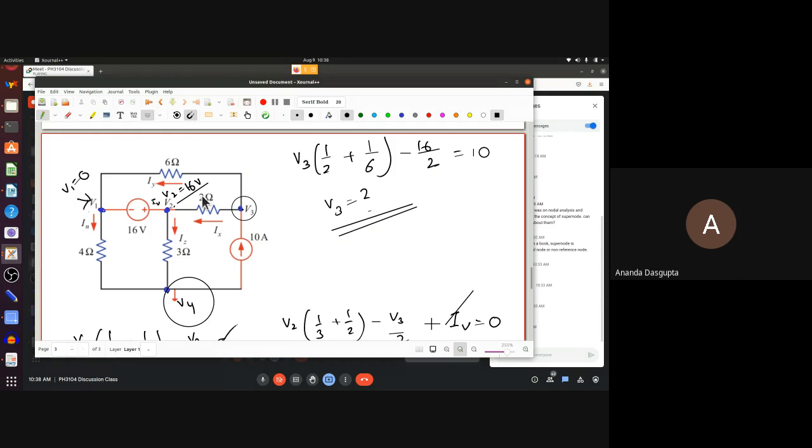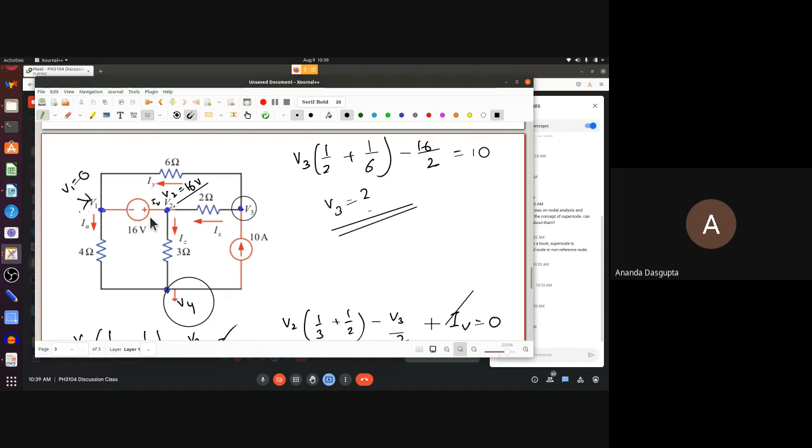Then if you choose this to be 0 and this to be 16 volts, that's no longer a choice. The moment you choose this to be 0, this at 16 volts becomes automatic. Then the calculation becomes absolutely trivial. There's hardly anything to do there. Okay. So this problem becomes very, very simple if you just change your point of view a bit. That was the other reason why I gave this problem, to check whether somebody caught on to that.